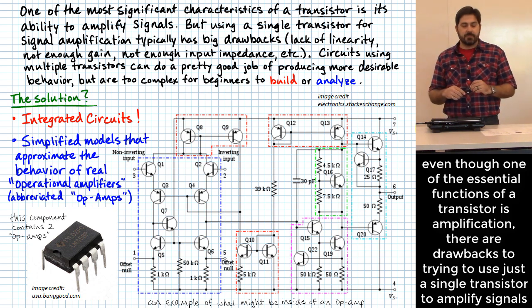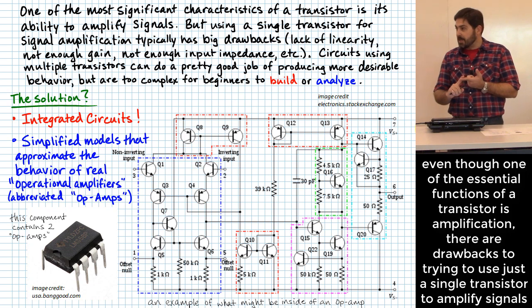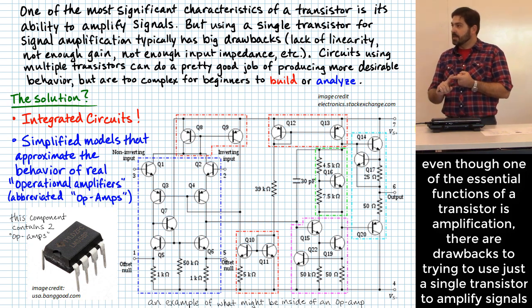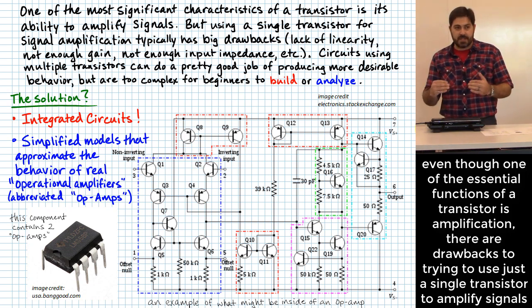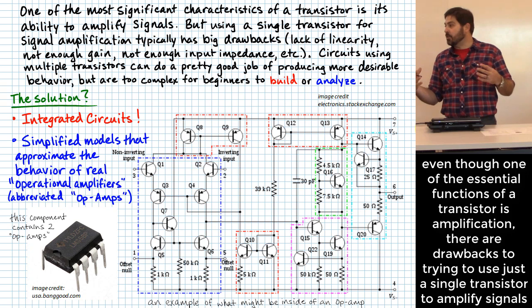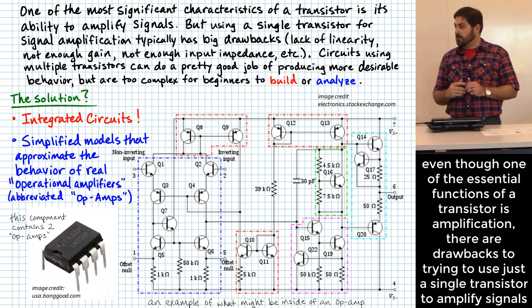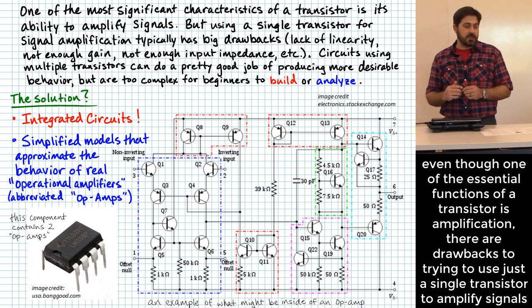But it has to do with things like how much input impedance there is, in other words, how much current it takes to drive its amplification of current. What's the overall limitation on how much gain you will have out of a single transistor? These kinds of things are a little bit less than what you would really want in terms of being able to do certain amplification tasks.